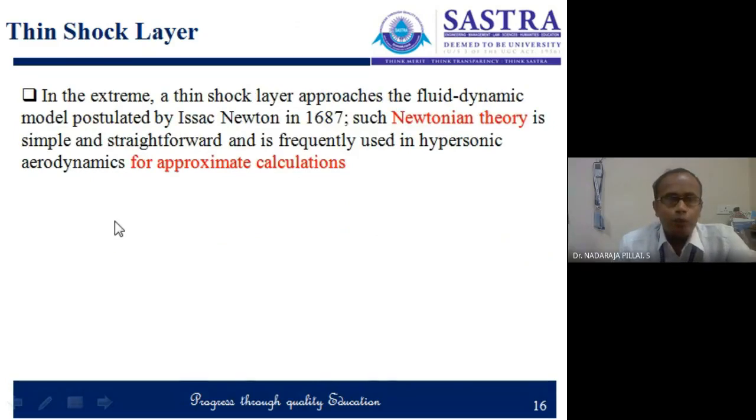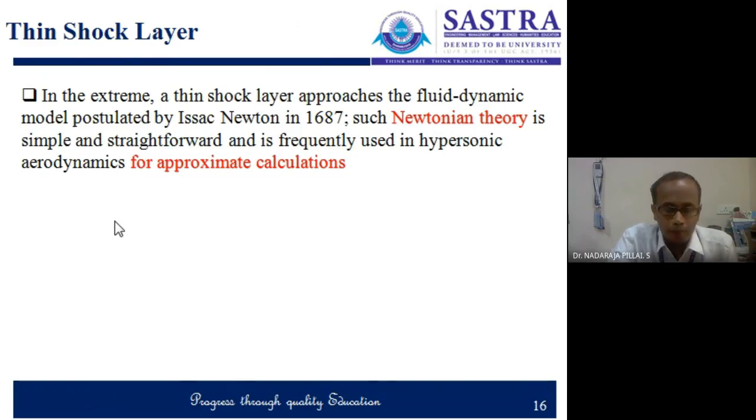Now, we use this approach of thin shock layer to calculate, usually, in Newtonian theory and modified Newtonian theory, right? Newtonian theory considering the centrifugal effect, and all these things we will study a little later in the same hypersonic course.